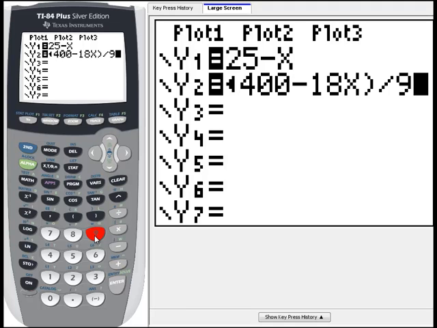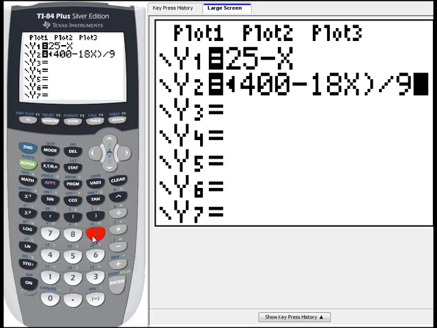Alright, now let's see here. As far as what coordinate system should we start off with? Since it's an application problem, x is the mass of 18 karat gold. We're creating this mixture that has 25 grams total. This would mean that no matter what, x has to be between 0 and 25.